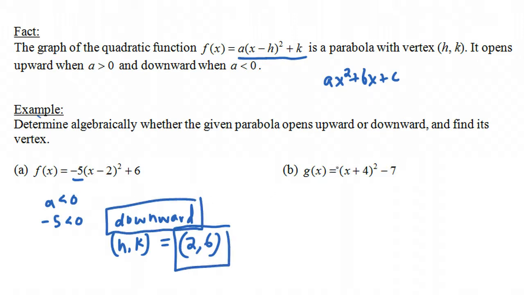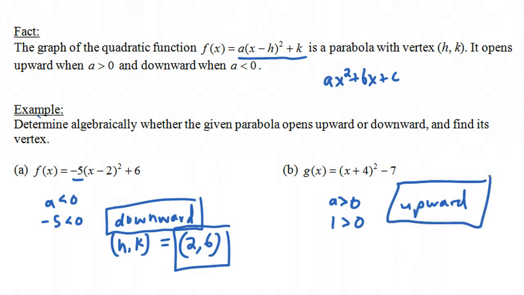In the next example, notice that we don't have a number out in front here. In fact, the number really is 1, and so our a is greater than 0. In fact, the a is 1. So 1 is greater than 0, so the graph opens upward. In other words, there's no negative out in front here. And also the vertex will be, well, we have x plus 4, but you could think of this as x minus a negative 4 squared minus 7.